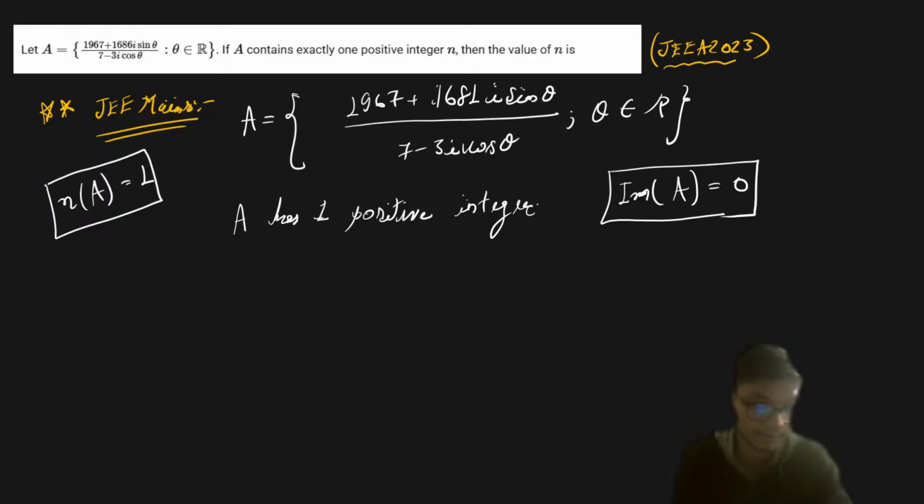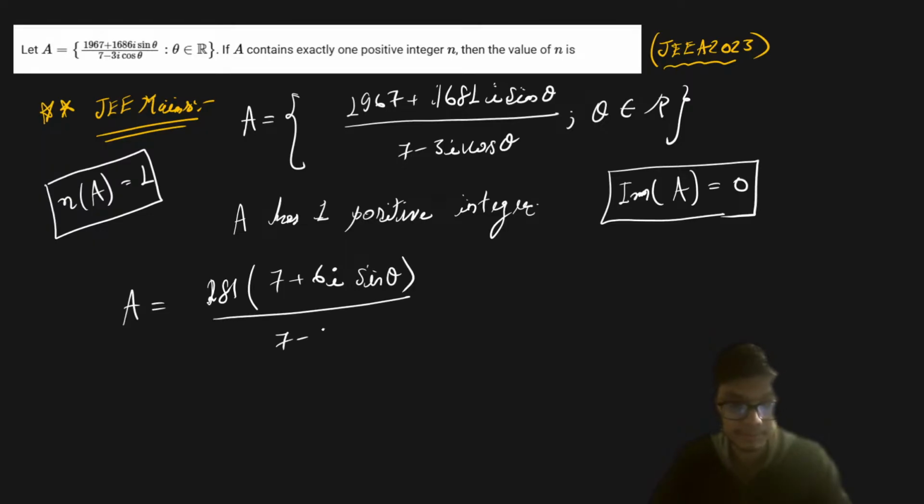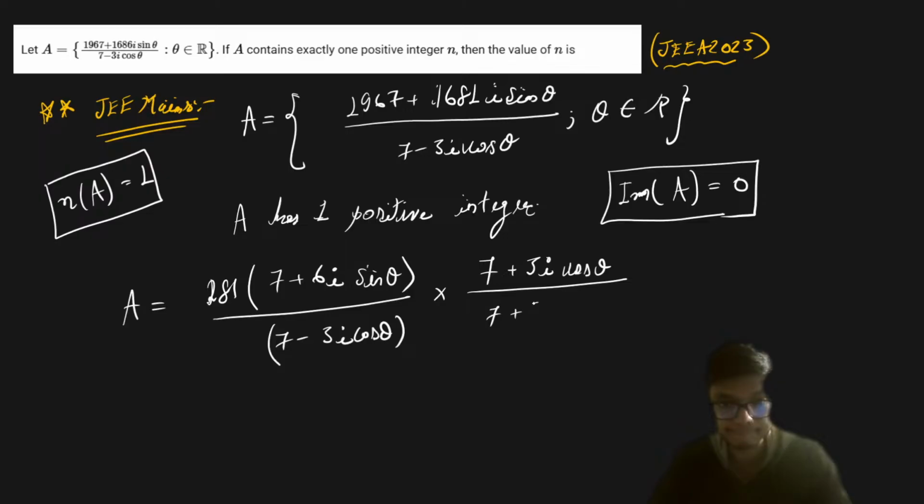Once we understand this part, our job is simpler: let us take that particular number and try to simplify it. If I take 281 as common, then this is going to be (7 + 6i sin theta) divided by (7 - 3i cos theta), right? Now I should multiply with the conjugate, because division by a complex number is not possible, so we simplify it using conjugate multiplication.